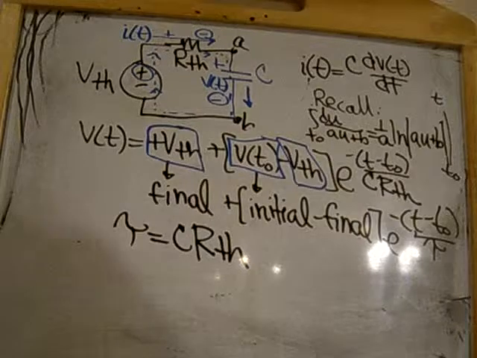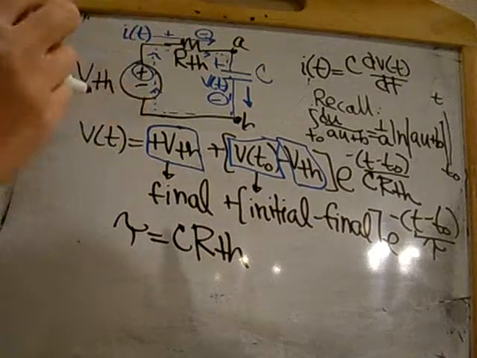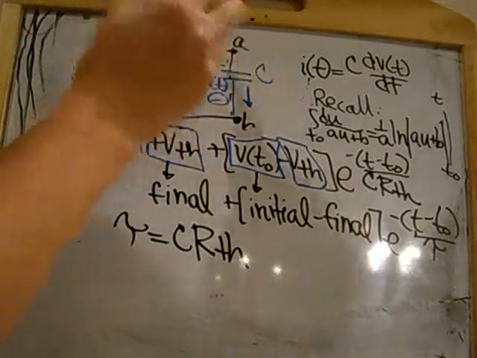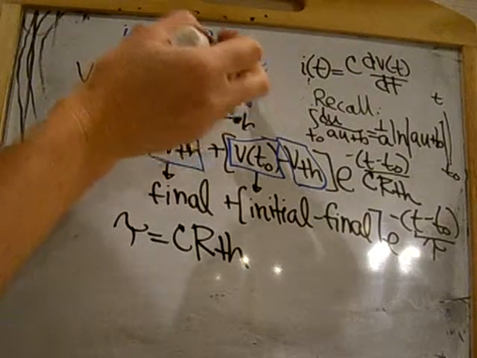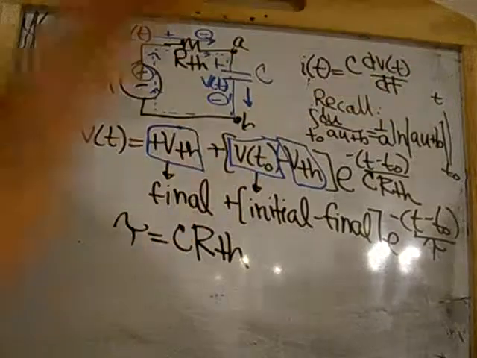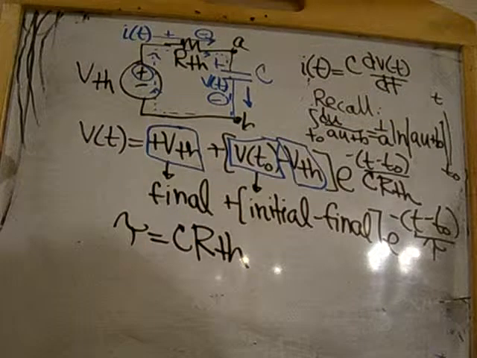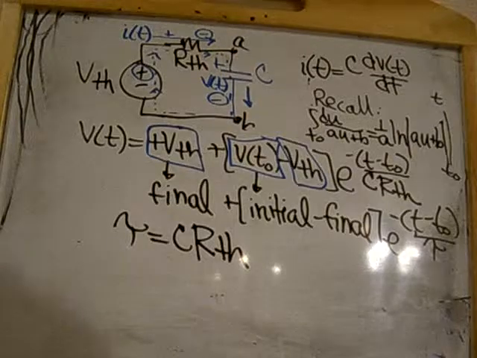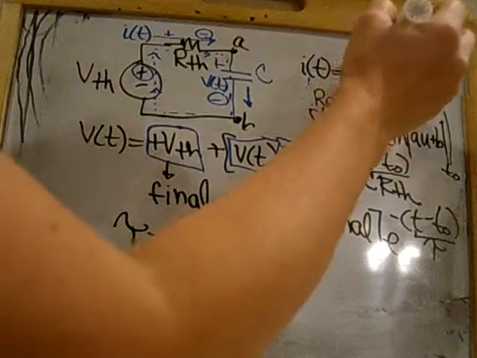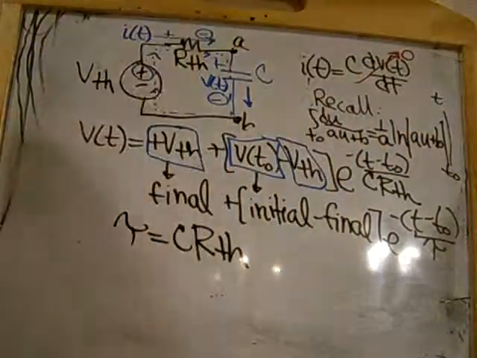So you can notice here, just kind of checking this equation, if this has been sitting in this position for a really long time, there's going to be no change in dV of t over dt, so that will become 0. So I of t, when it is 0, looks like an open.